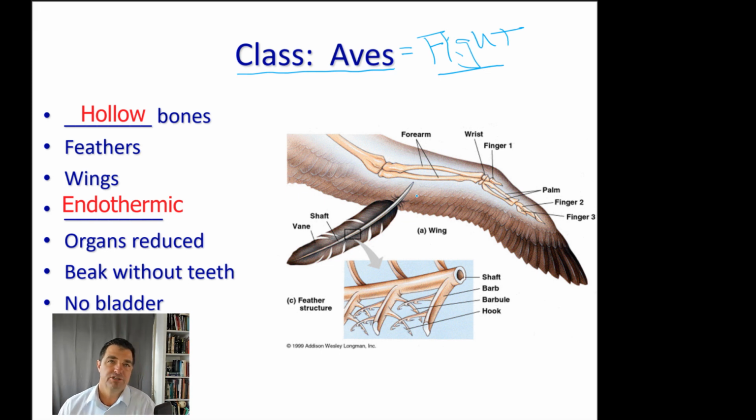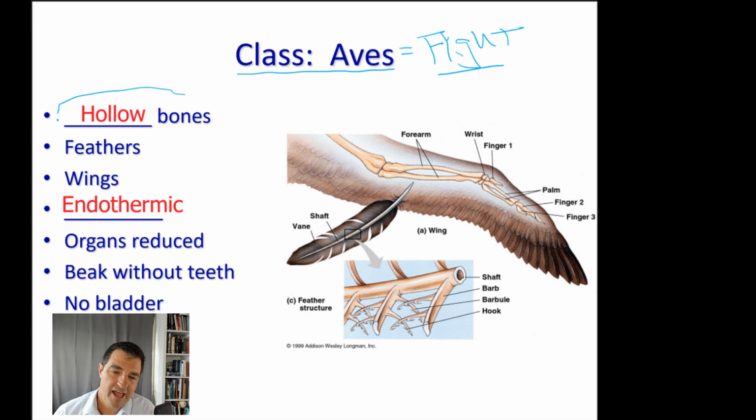There are a couple of birds that don't fly, but those are few and far between. Most birds fly. Because of the flight, there's a great deal of adaptations that go along with being able to fly. Flying is a very different kind of motion than being on the ground or swimming through the water. So we see a lot of adaptations related to flight.